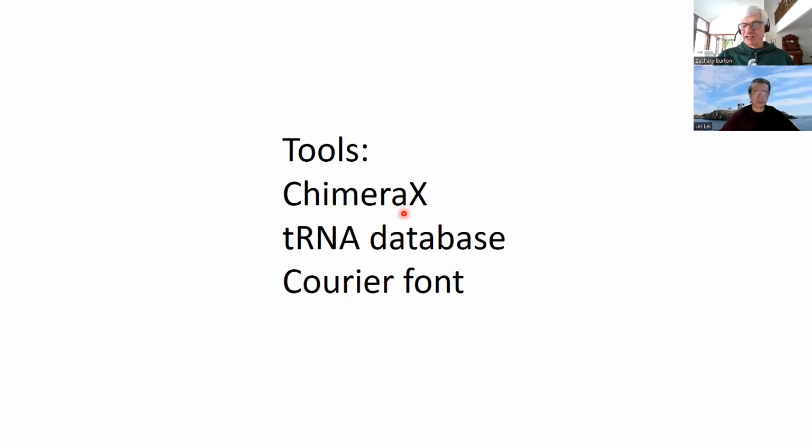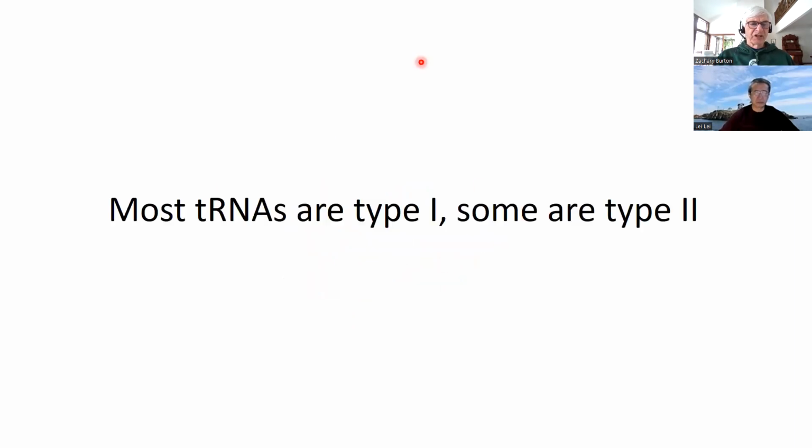It takes a few weeks to learn how to use Chimera. And the tRNA database is pretty straightforward and easy to use. So most tRNAs are type 1, and that's the type we'll talk about today. I could also talk about type 2, and we'll do that in a future webcast.